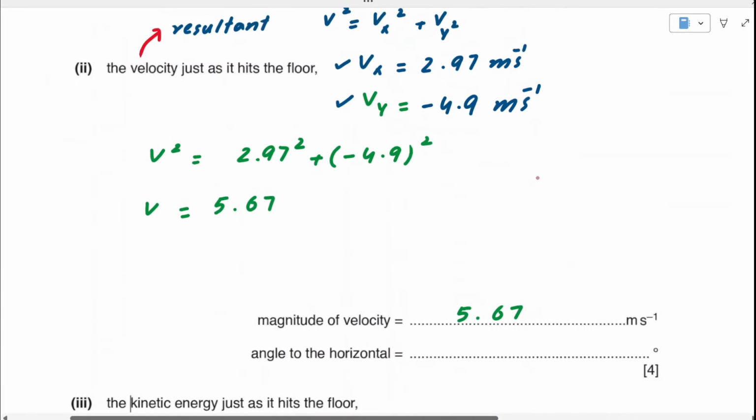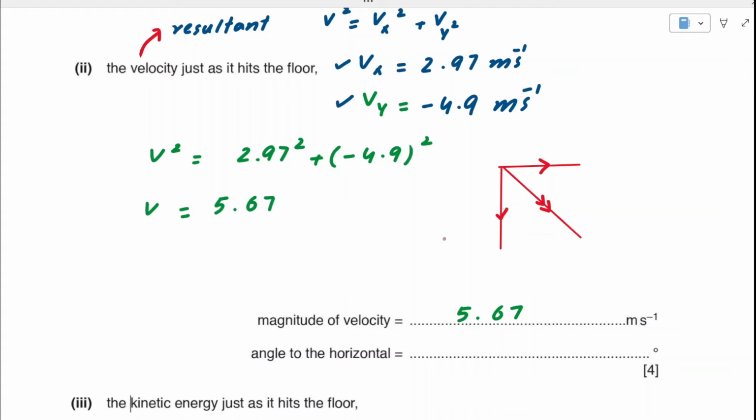So I'll draw the same diagram over here also. The horizontal one, and we have the vertical one, and then we had the resultant of these two. So something like this.